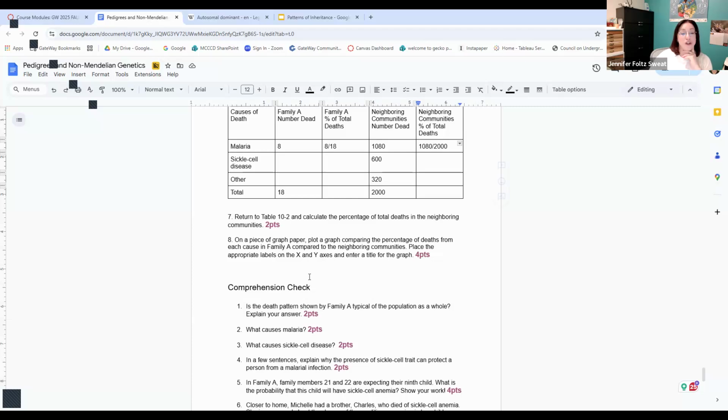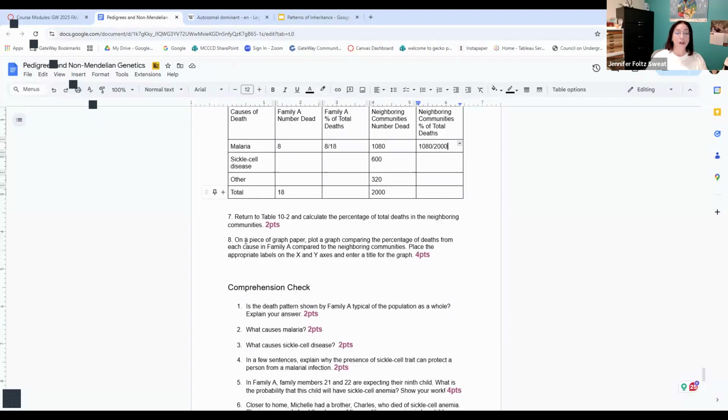So what kind of graph should you have done? So you needed to plot a graph comparing the percentage of deaths from each cause. You had family A compared to the neighboring community. A line graph or a bar graph? Good, a line graph or a bar graph. Usually a bar graph because that's what we use for categories.